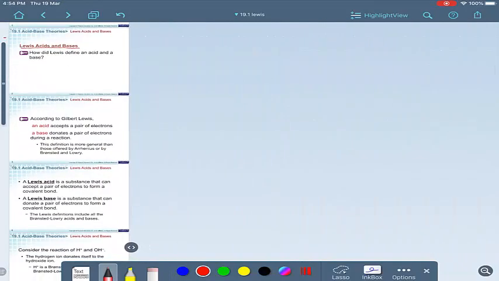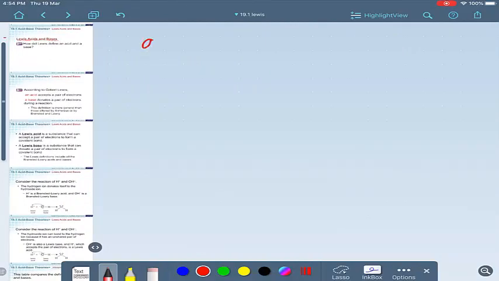Let's recall what we studied before about acid and base according to Arrhenius and Bronsted-Lowry. In the case of acid, for Arrhenius, the acid is the substance, molecule, or ion that releases or produces hydrogen ion, positive, or proton.